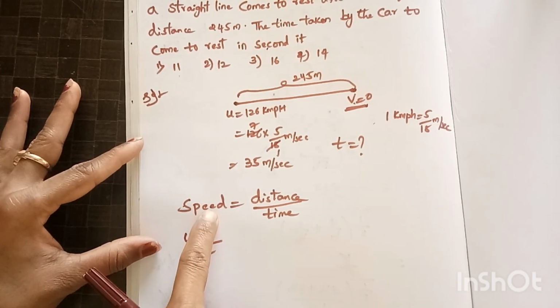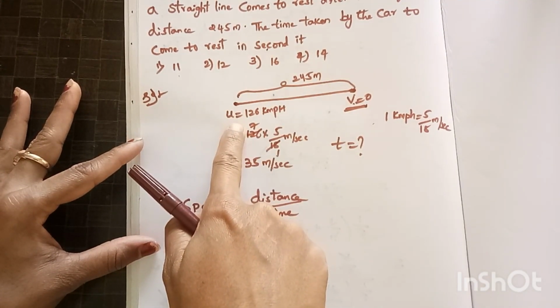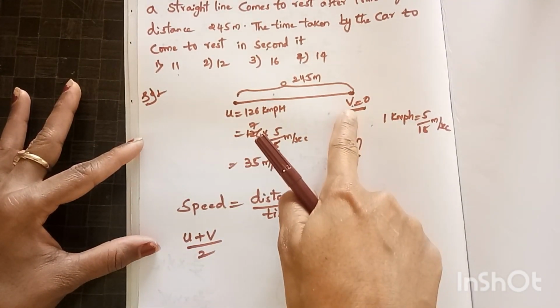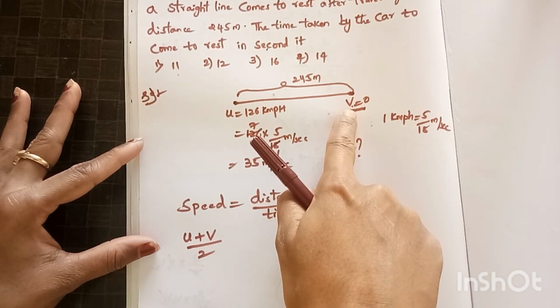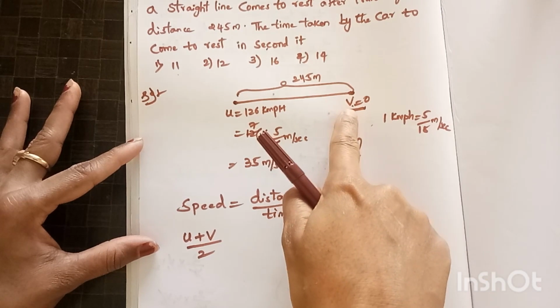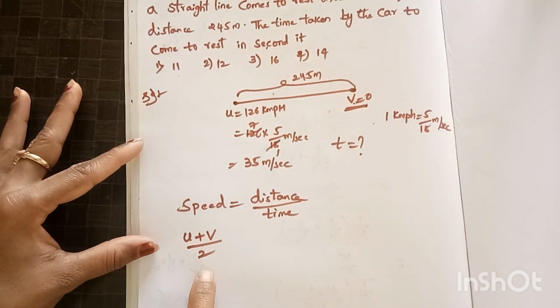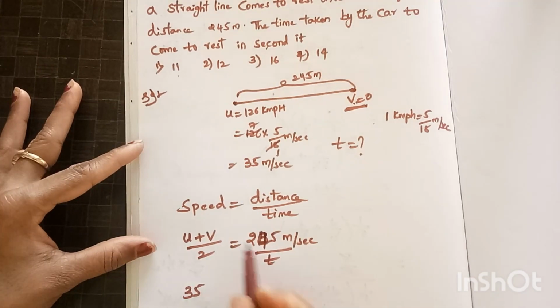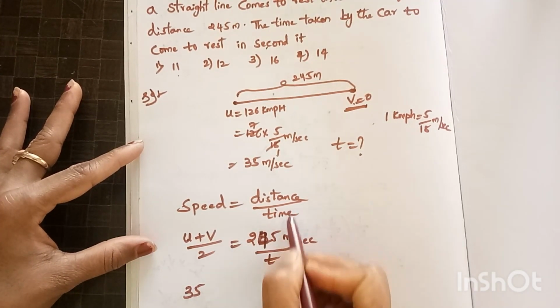This is the speed taken by the car initially with 126 km per hour and it comes to rest with a speed of 0. Comes to rest means its speed becomes 0. So u plus v by 2, this is the speed, is equal to distance by time.